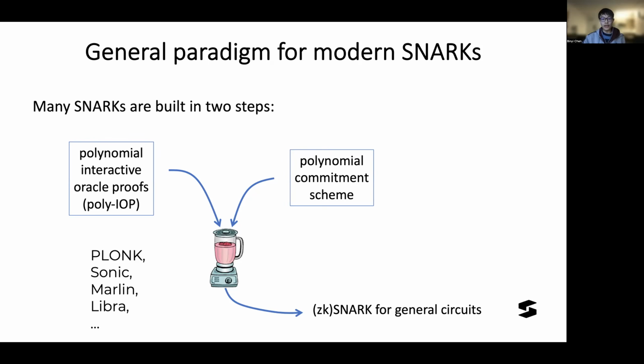Then they compile this ideal protocol into a non-interactive succinct argument by using a core primitive called polynomial commitment schemes. Examples include the famous KZG commitments, inner-product-argument based ones including Bulletproofs, FRI-based ones, and also DARK, which is built from groups of unknown order, and there are many more.